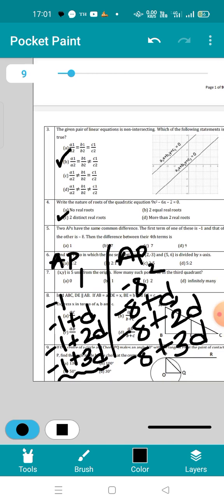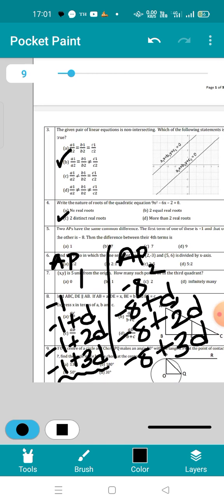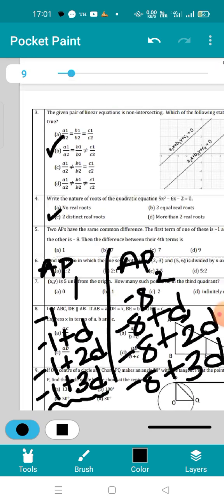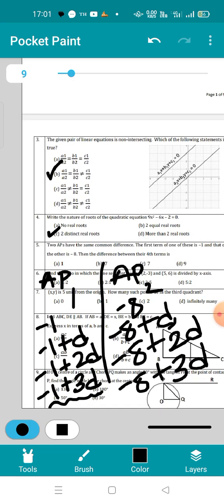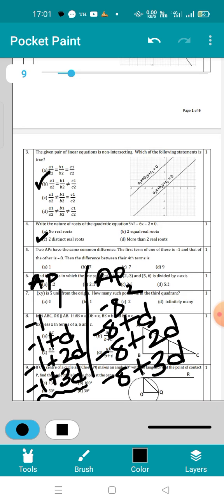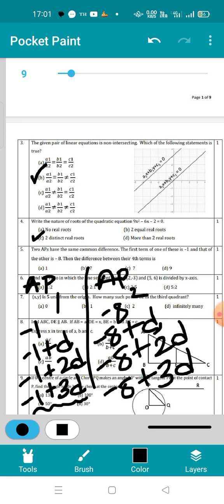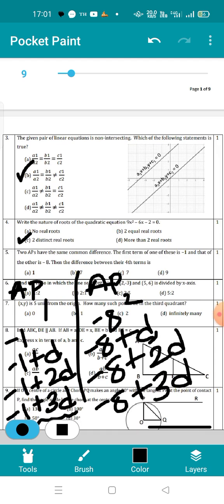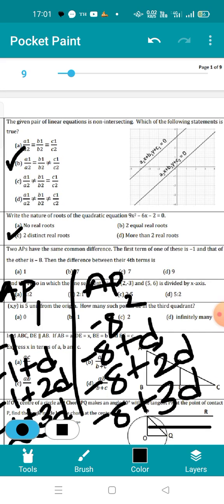But let's subtract the fourth term of the second AP from the fourth term of the first AP. Now, why am I doing it? The reason is that the question asks for the difference between their fourth terms. If you look at the way they have given the first terms, -1 and -8, we have taken -1 as the first term of the first AP and -8 as the first term of the second AP.